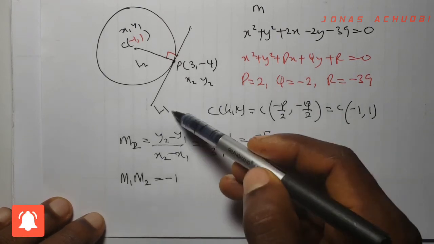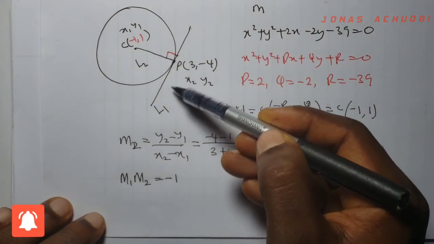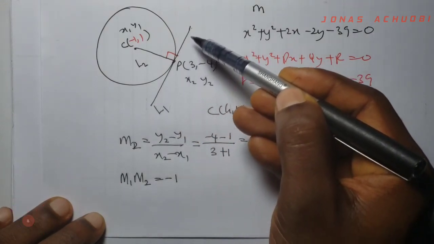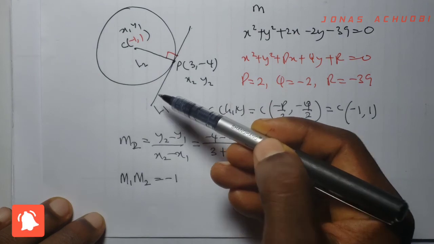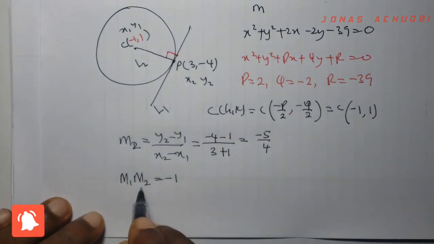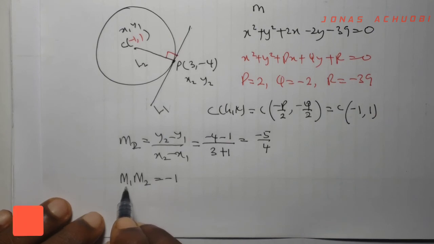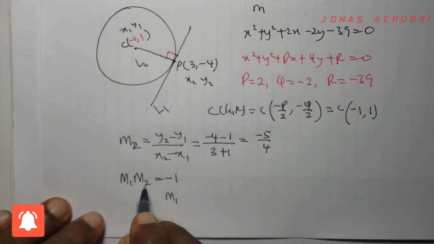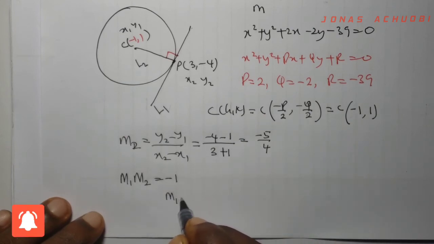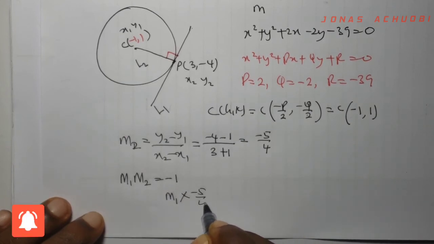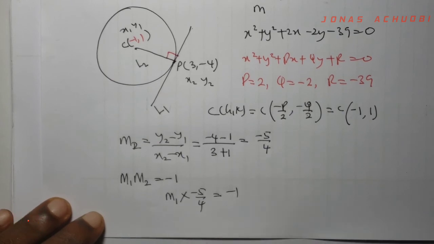What we want is the slope of line L1, because it is line L1 that will require the equation. So, having known the slope m2 of line L2, we can now find the slope of line L1 as follows. M1 we do not know, but m2 we know as minus 5 over 4, so m1 times minus 5 over 4 is equal to minus 1.